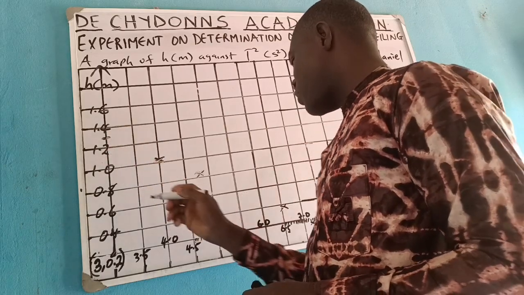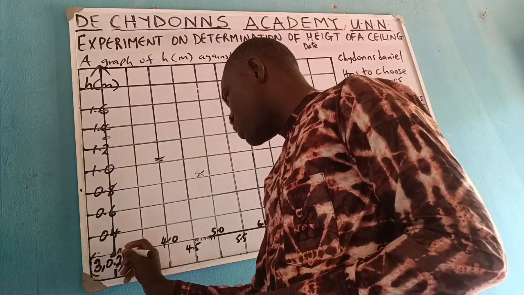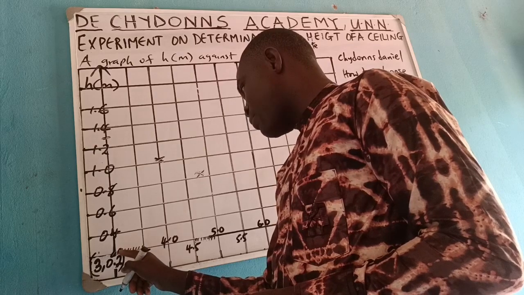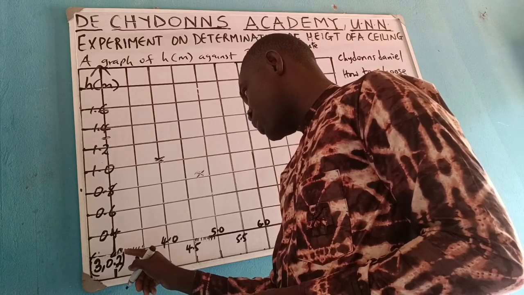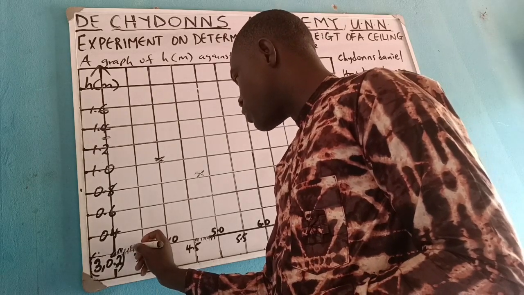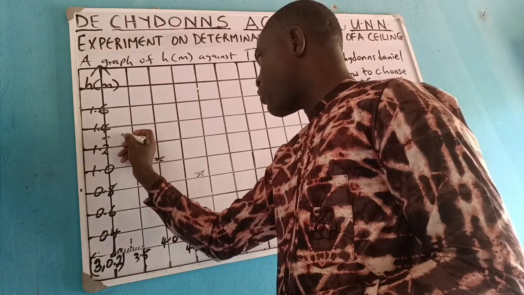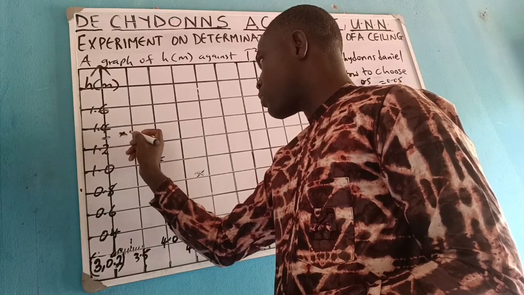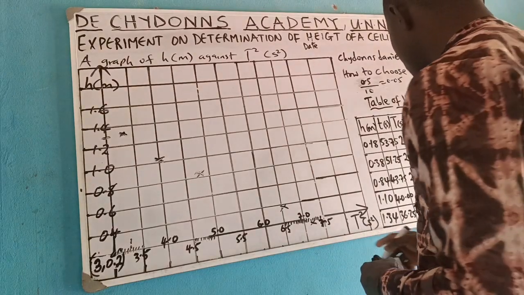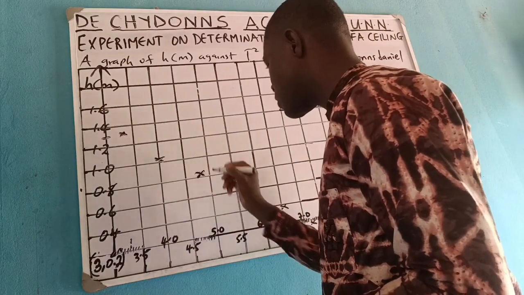So 1.34 against 3.28. If you have 1, 2, 3, 4, 5, 6, 7, 8, 9, 3.1, 3.2, 3.25, we trace it up. 1.34. We locate them, and so we have located our points.